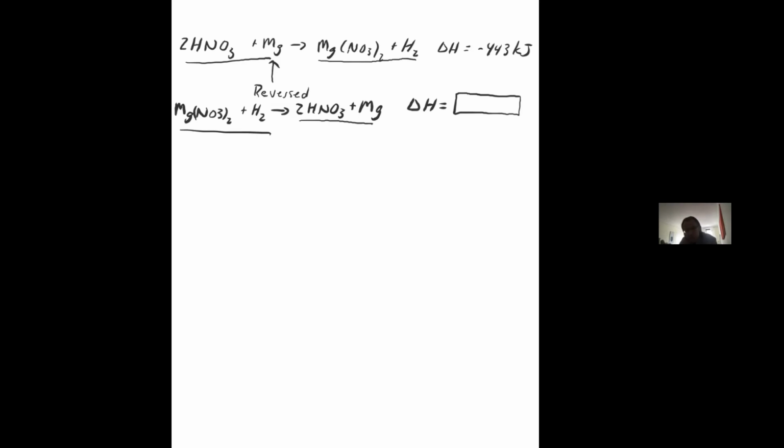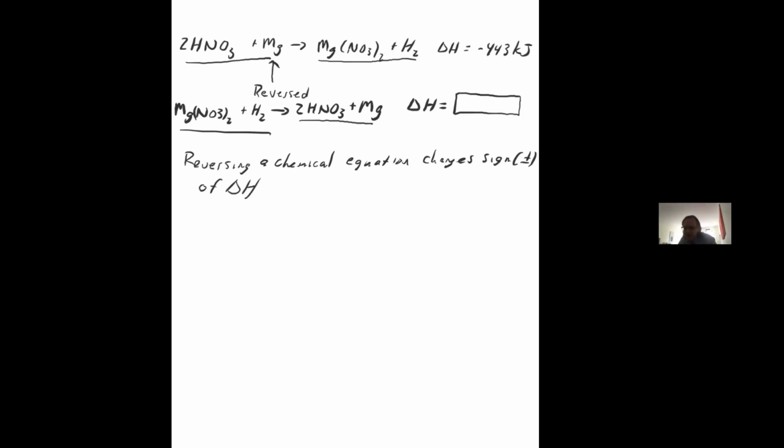So if we reverse an equation, let me put it this way, reversing a chemical equation changes the sign, meaning plus or minus, of delta H. That's all it does. Okay?